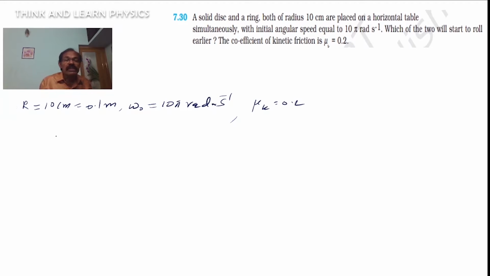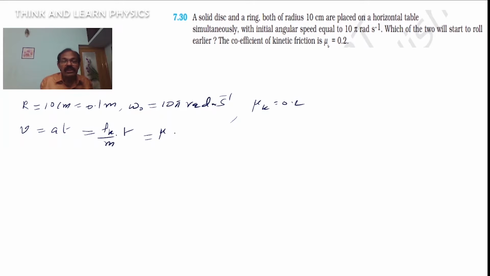Let V be the speed of the central mass of the disc or ring at the instant, then we can write V is equal to the acceleration a into t, where acceleration is Fk divided by m, Fk being the force of friction.